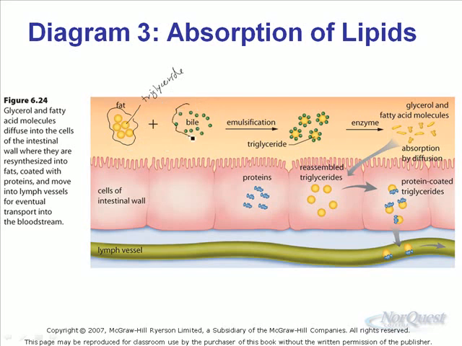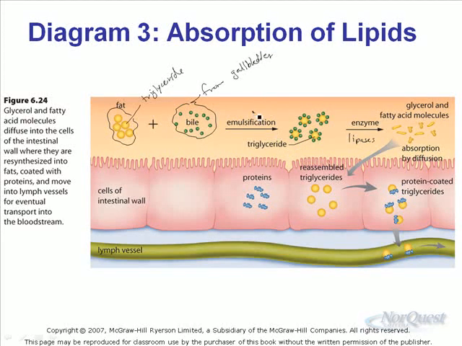Bile is secreted from our gallbladder. And when the two mix, we get emulsification. And what that does is it just separates each of our triglycerides from each other, allowing lipases to break them down into glycerol and fatty acids.